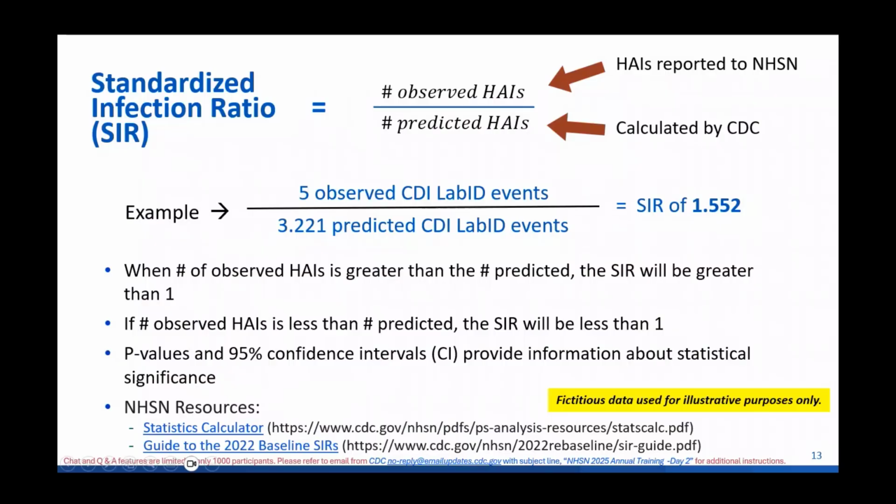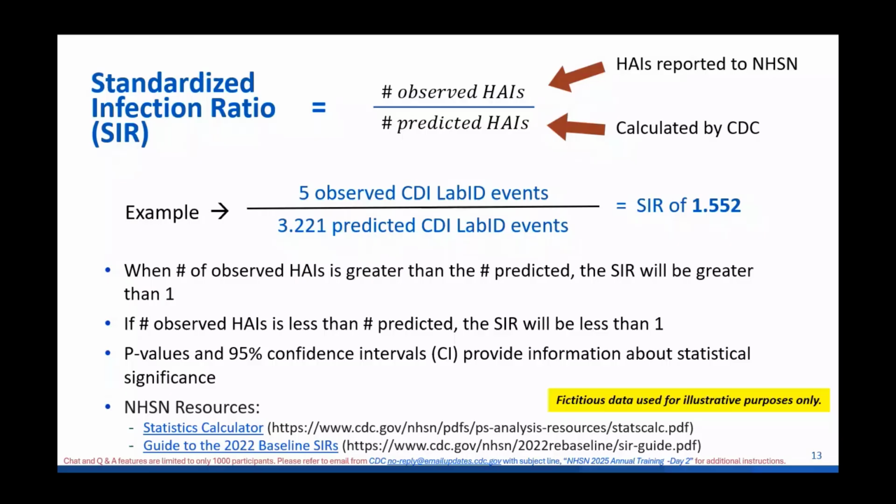So first, let's talk about the standardized infection ratio, or the SIR. Great acronym, right? It is the ultimate measure that we're going to be producing. It's a simple ratio, simple division, of a hospital's observed HAIs divided by their number of predicted HAIs. Now that top part, the numerator, is something that gets reported to NHSN.